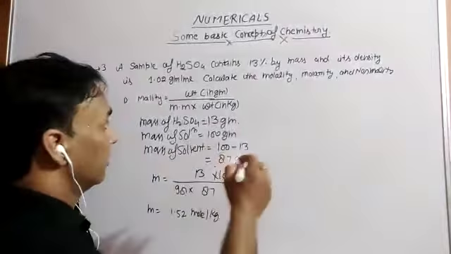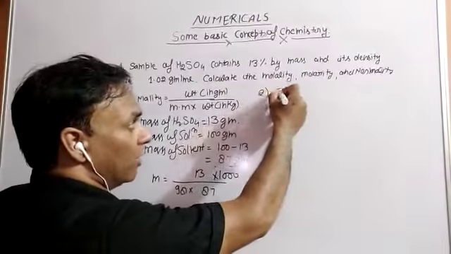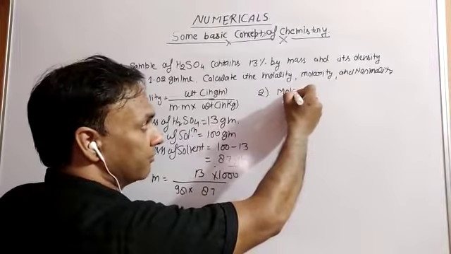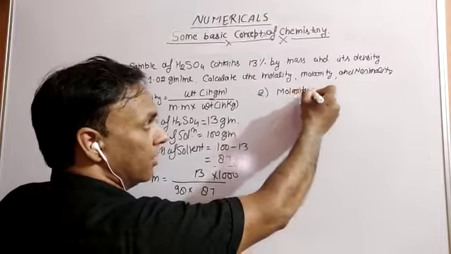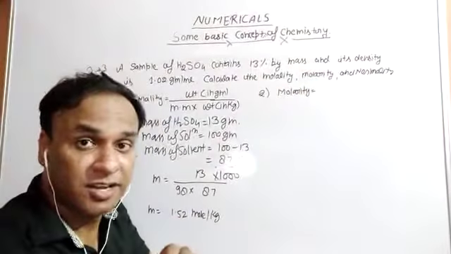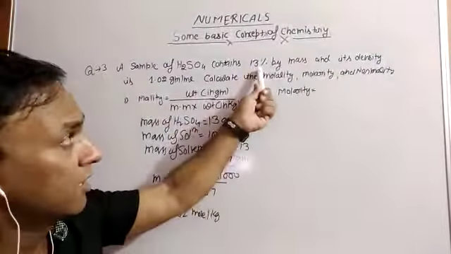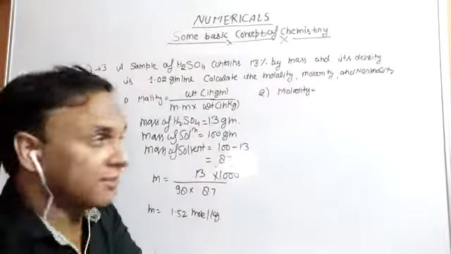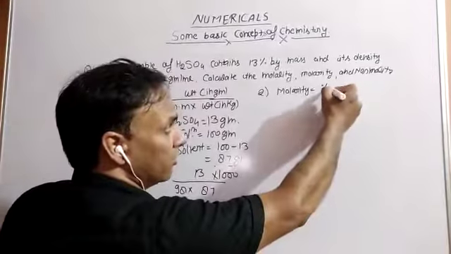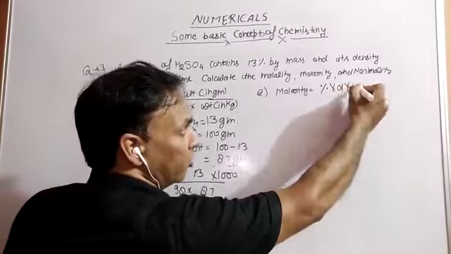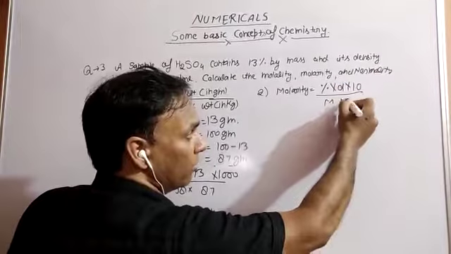But when we talk about the molarity, as I have already discussed the relationship between the mass percent and molarity with density, the molarity is equal to mass percent into density into 10 upon molar mass.